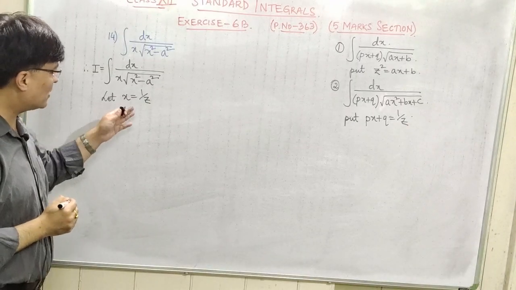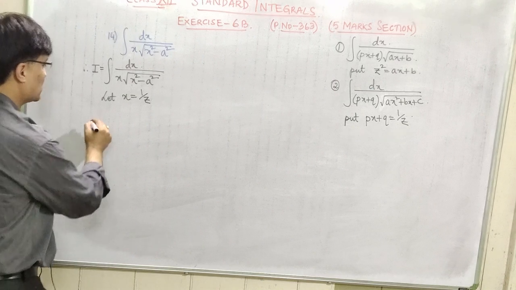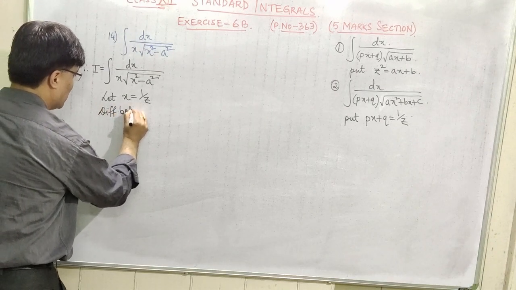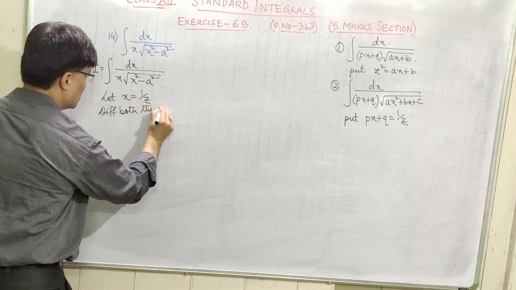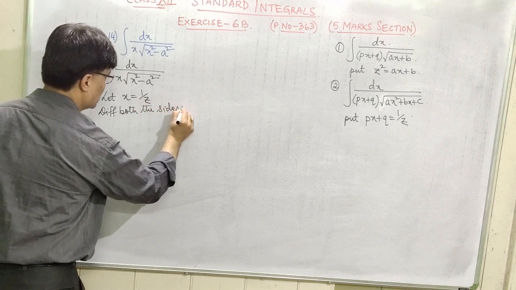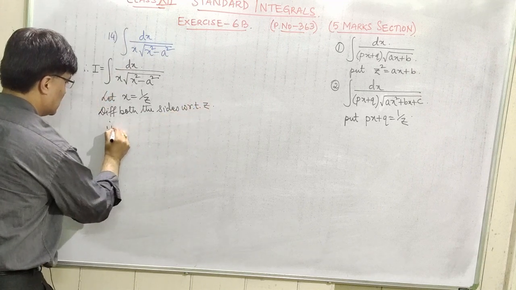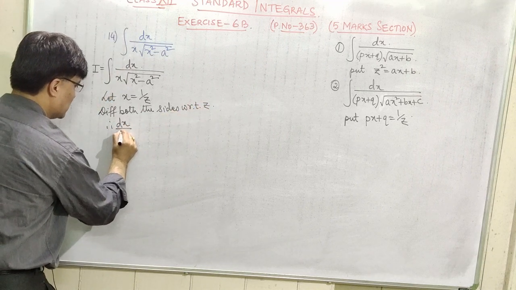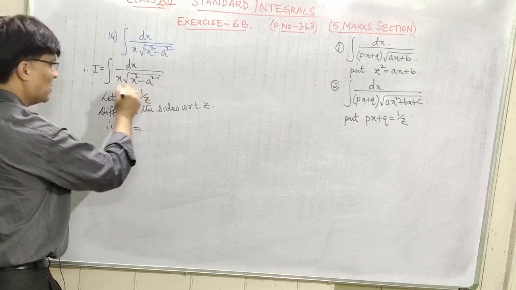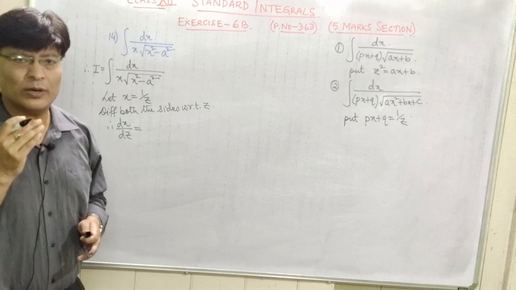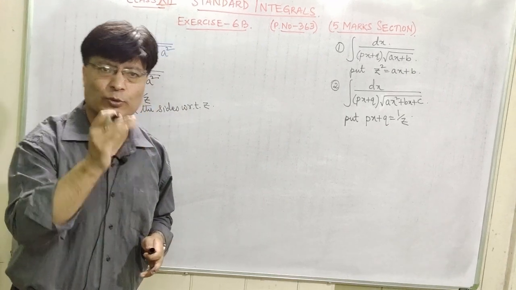Okay. So now let us differentiate both the sides with respect to z. So dx by dz is equal to, I told you that you can directly differentiate this function. What is the differentiation of 1 upon x with respect to x?